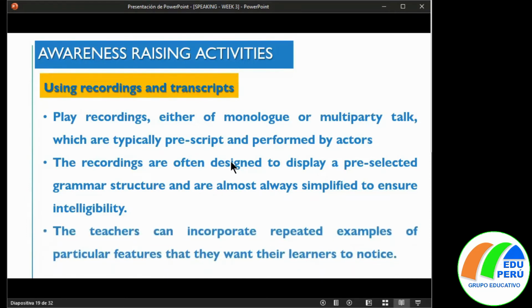The teachers can incorporate repeated examples of particular features that they want the learners to notice. Okay?